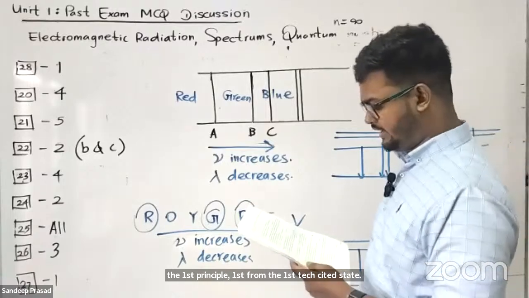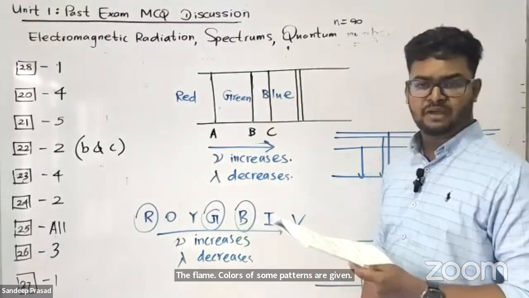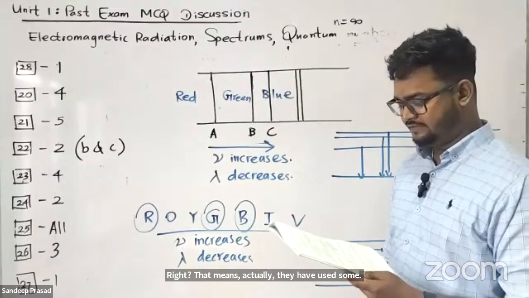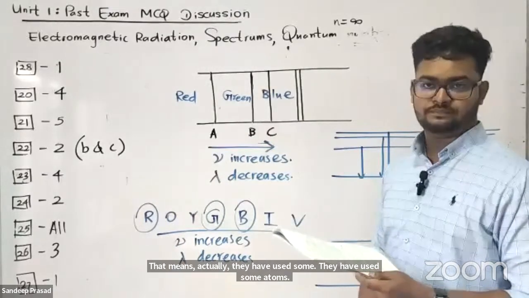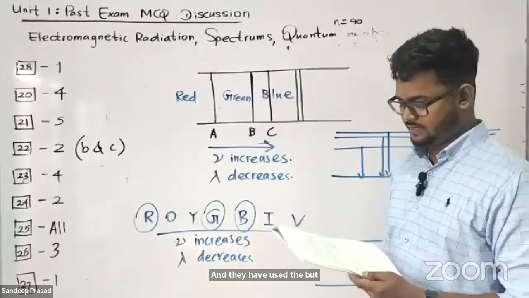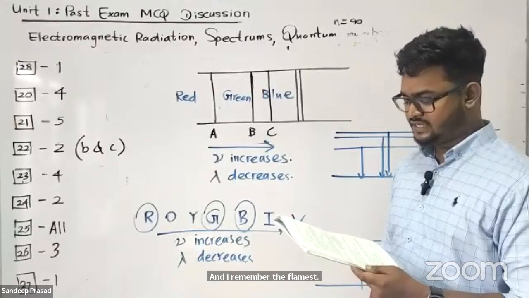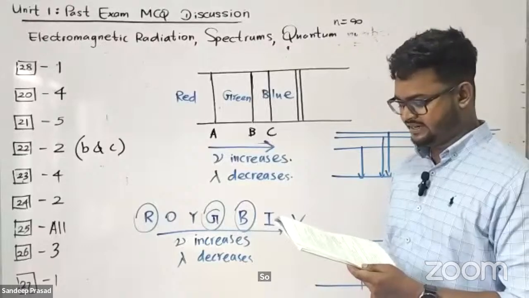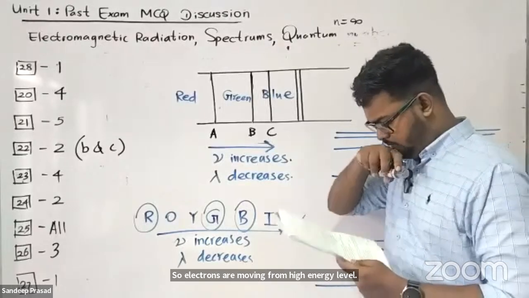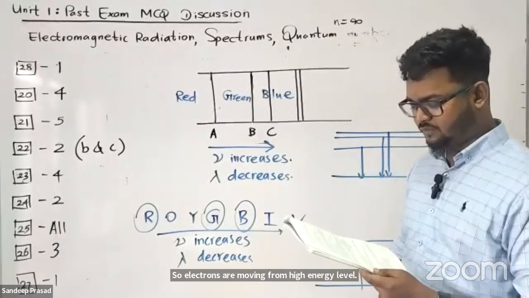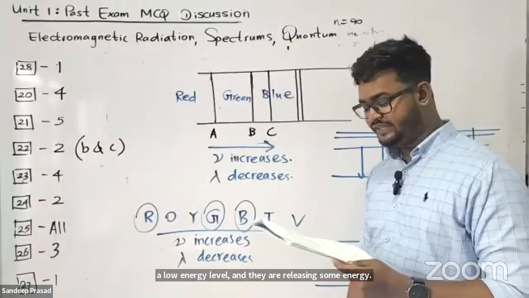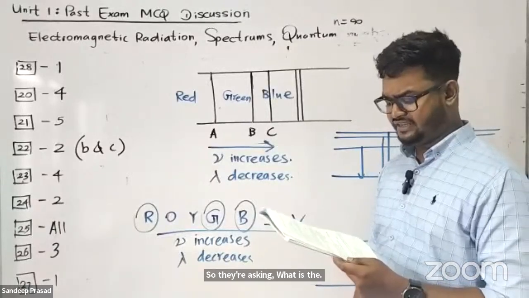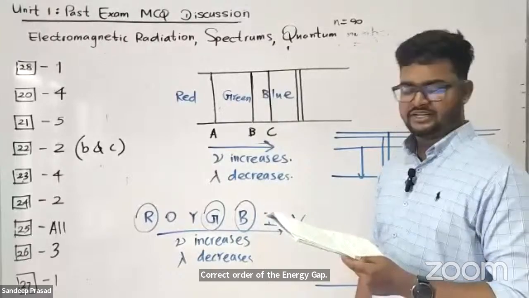Right. That means they have used some atoms and the Bunsen flame, and I remember the flame test, right? So electrons are moving from a high energy level to a low energy level, and they are releasing some energy. So they're asking what is the correct order of the energy gap E1 and E0 for the atoms.